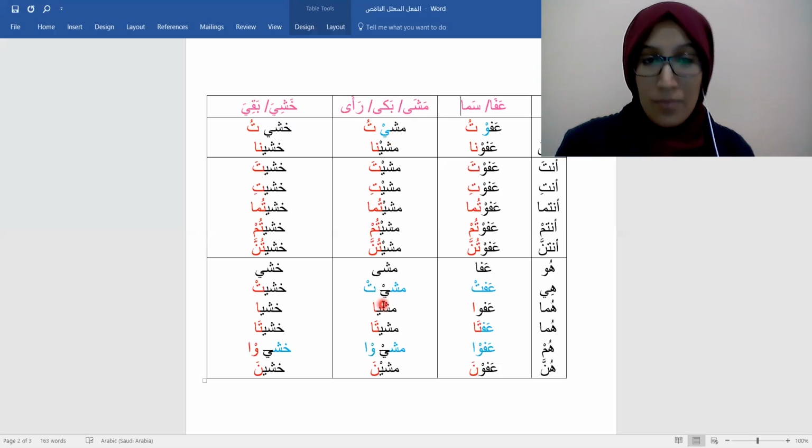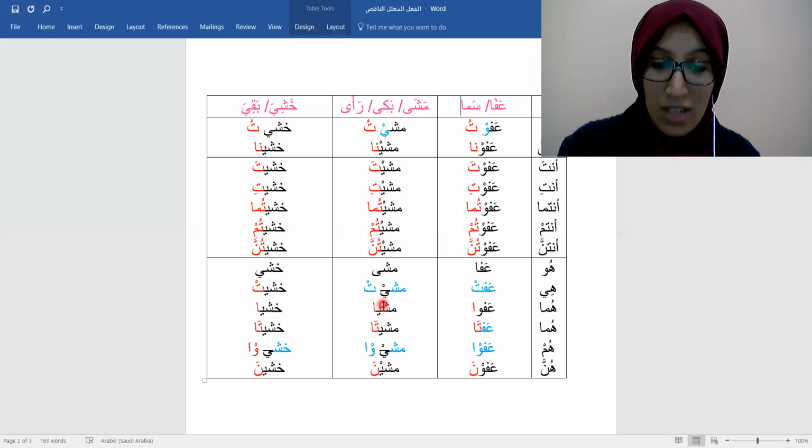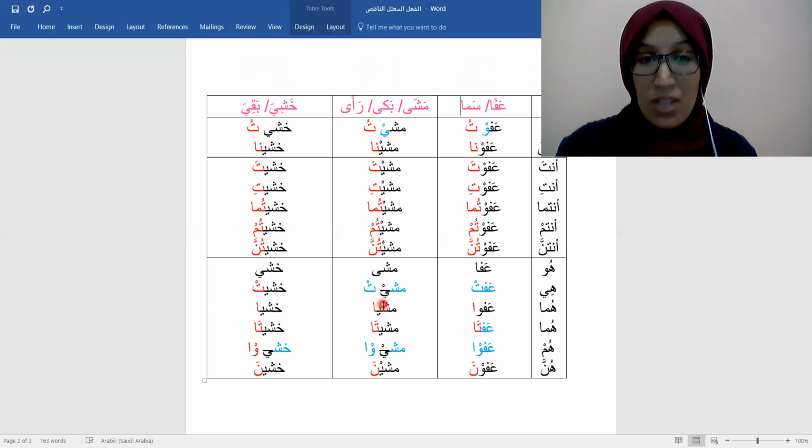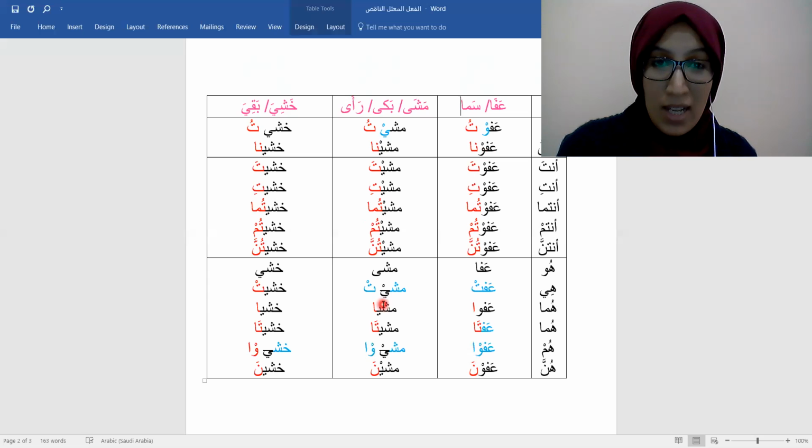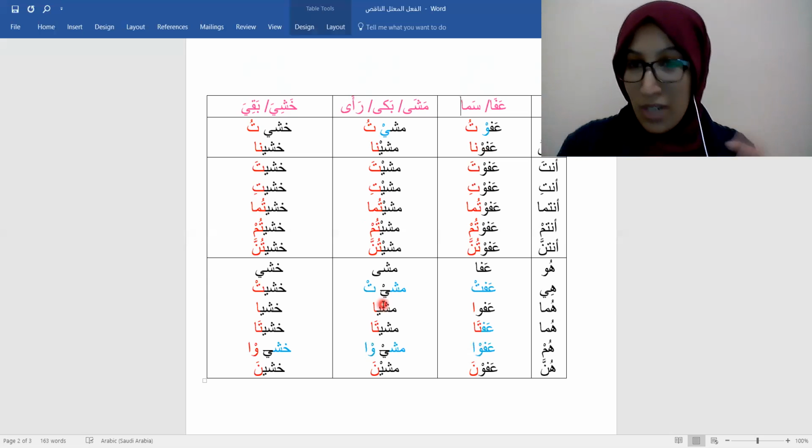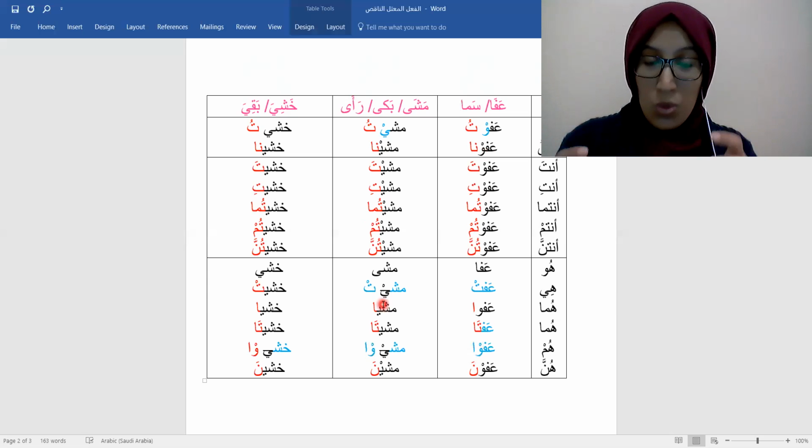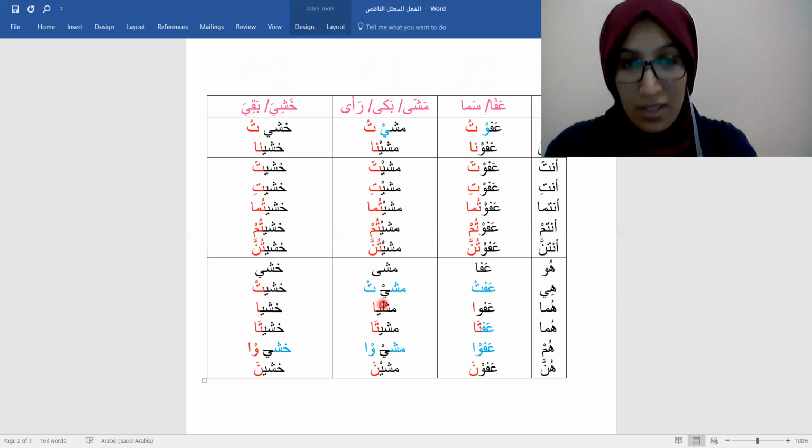So, okay, something here. Why did we do this classification, or depending on what did we do this classification? Basically it was to make a difference between the verbs. Each verbs which we conjugate the same way, we put in one category.